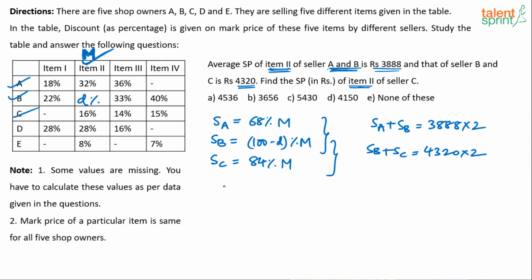So what is SA plus SB? SA plus SB comes out to be 68% of M plus 100% of M. So 168% of M minus D percentage of M, which is 3888 into 2. How much is that? 6000, 1600, 7600, then 160, 7760, 7776.